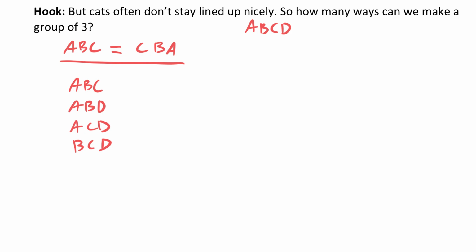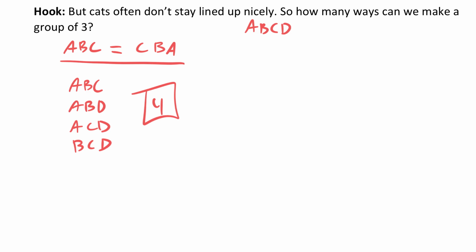Because one way to think about it is you have to exclude 1 cat from the group. So here we're going to exclude Dora, the D cat. Here we're going to exclude Cabby. Here we're going to exclude Bella. Here we're going to exclude Abby. But other than that, these are the only options, because if you rearrange the letters, we're still considering that the same group of cats. Okay, so the answer is 4.